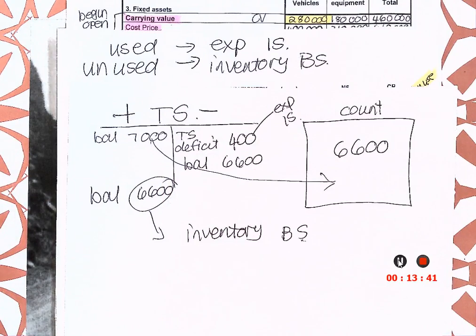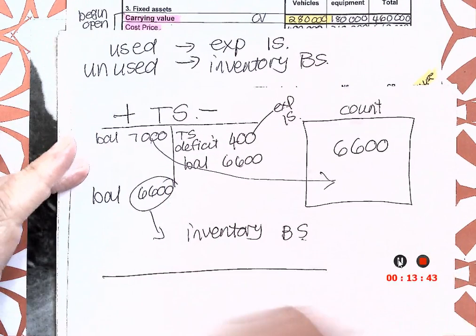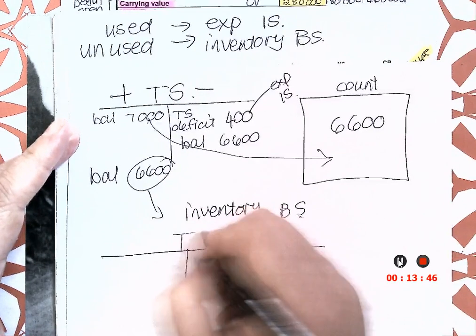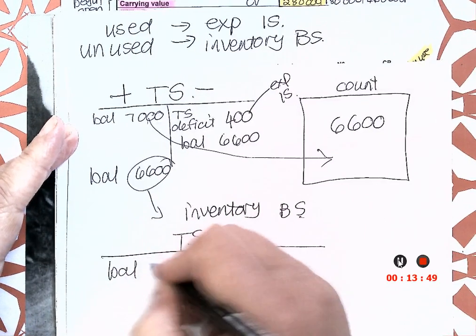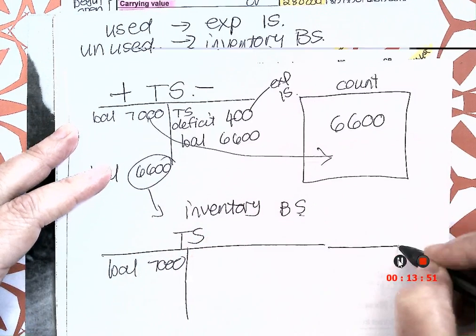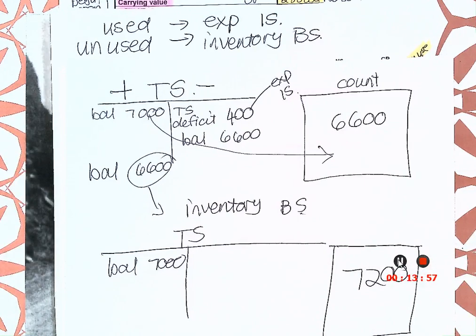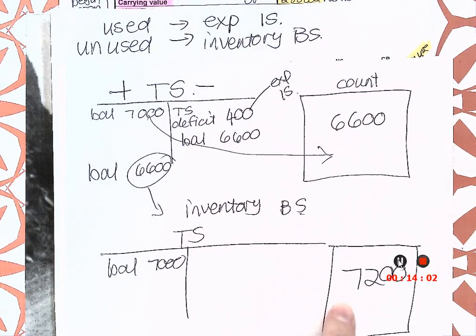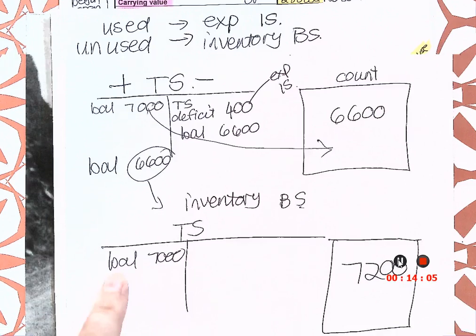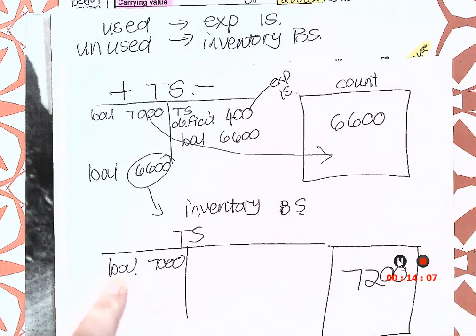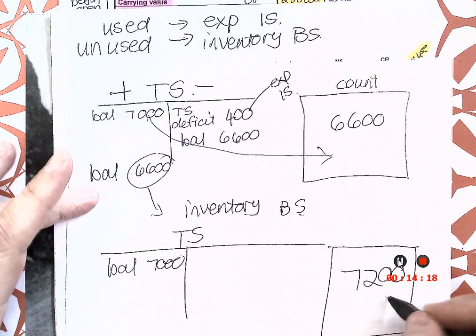Okay. The same can happen the other way around. So I have a trading stock balance of 7,000, but when I go count, I get 7,200. Maybe a debtor returned goods and the storage manager hasn't notified the bookkeeper yet. So I have not put it back into my T account, but it's already in the storage room. So now I know this is the real deal, the 7,200.